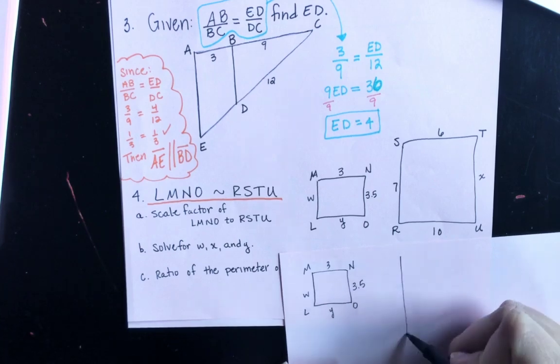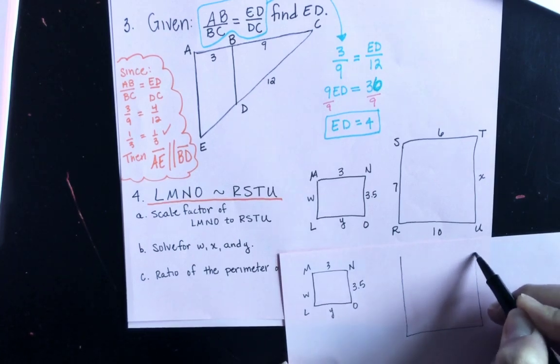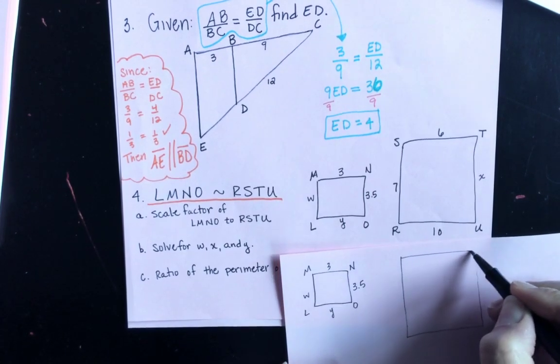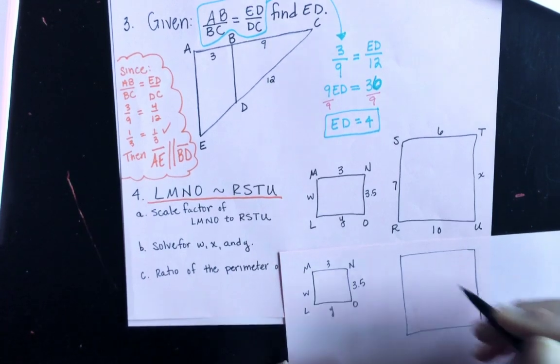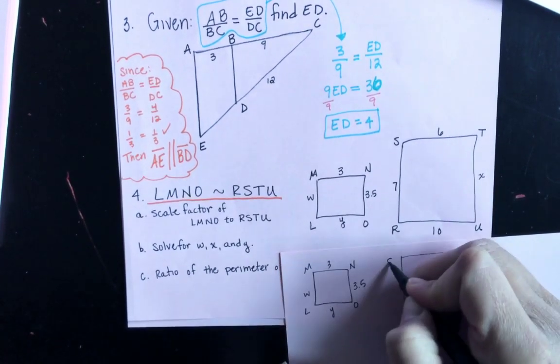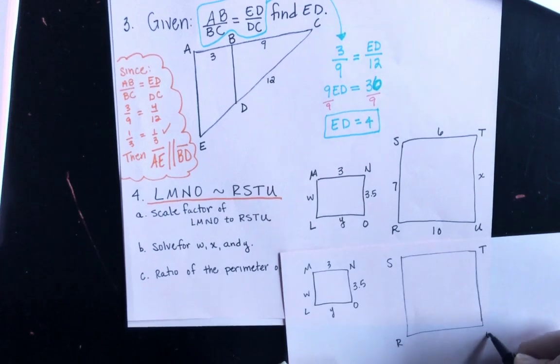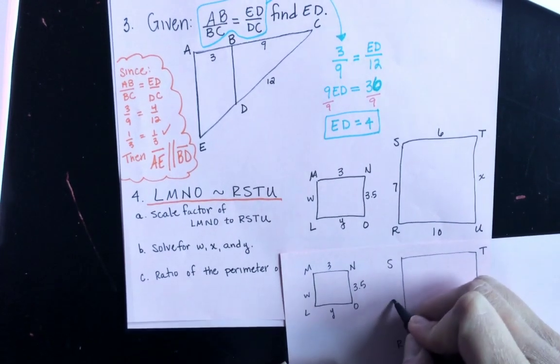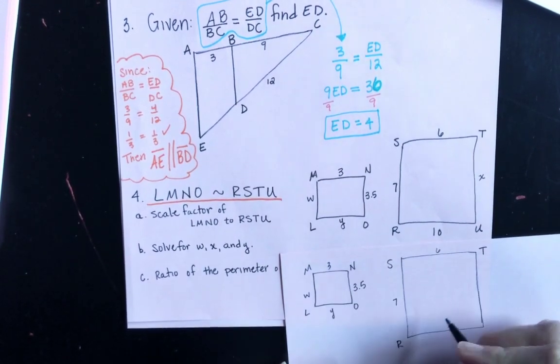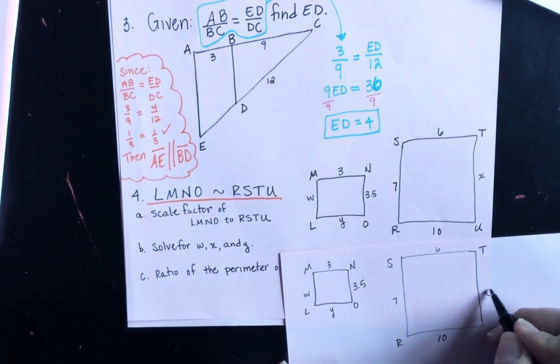Ooh, my marker's starting to run out. That's sad. And RSTU. We have 7, 6, 10, and X.